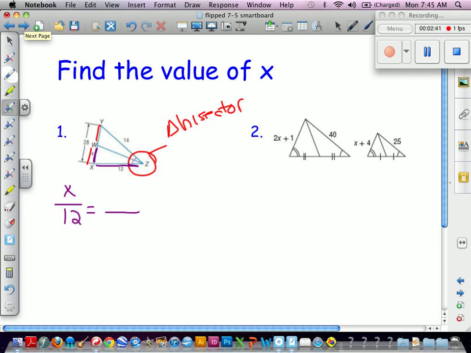And so now I need this piece, and that piece is not there, but if the whole line is 28, then this piece is going to be 28 minus x. And then the side that's connected with it is the 14. Okay, go ahead and cross multiply.